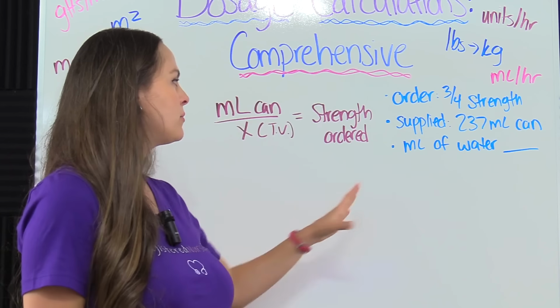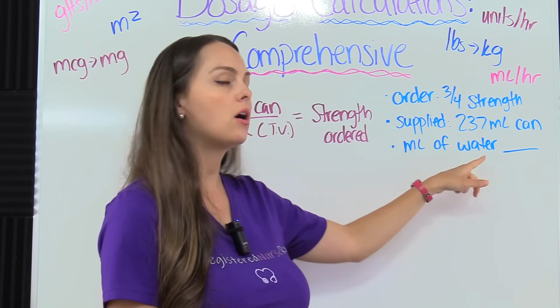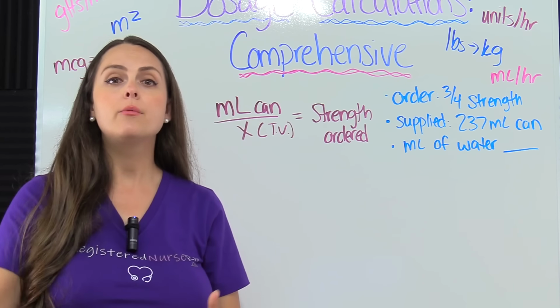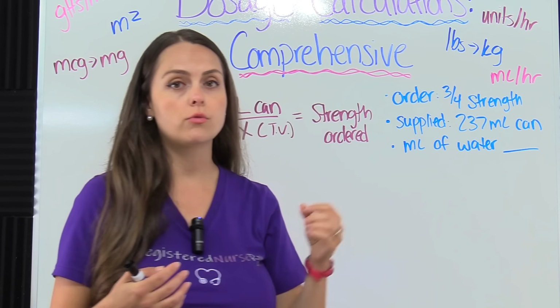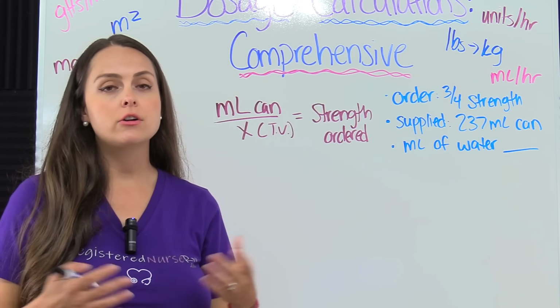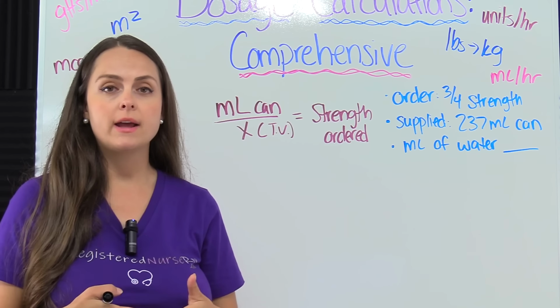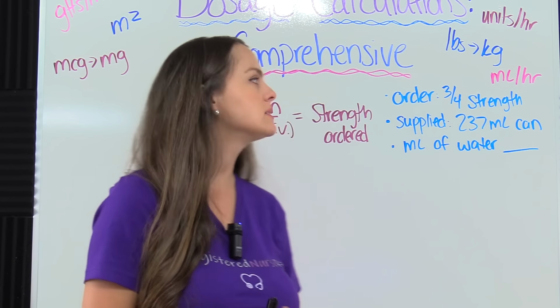To solve this tube feeding problem, you have to memorize the following equation, and it's going to help us solve for how many milliliters of water we're going to add to this feeding formula to dilute it based on what the doctor ordered. The doctor ordered a 3/4 strength, and the doctor also ordered for it to go in at a rate of 50 mLs per hour, but we really don't need that information to help us solve this problem.